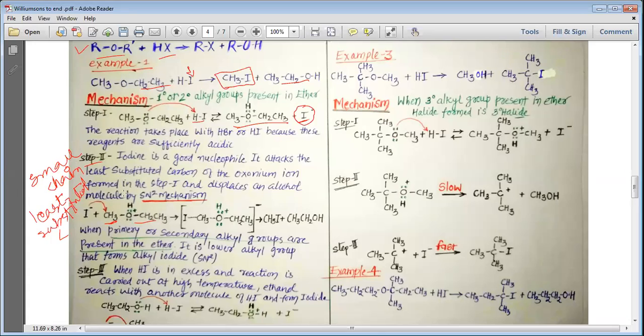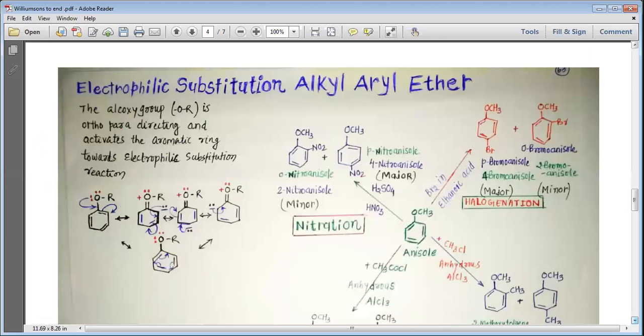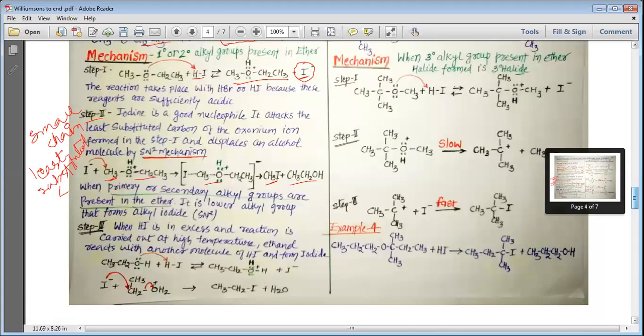So iodine always attacks the small chain, and that is how we get an intermediate. Finally we get the iodine bonded to the small chain, whereas the alcohol is obtained with the bigger chain, the long chain of carbon.